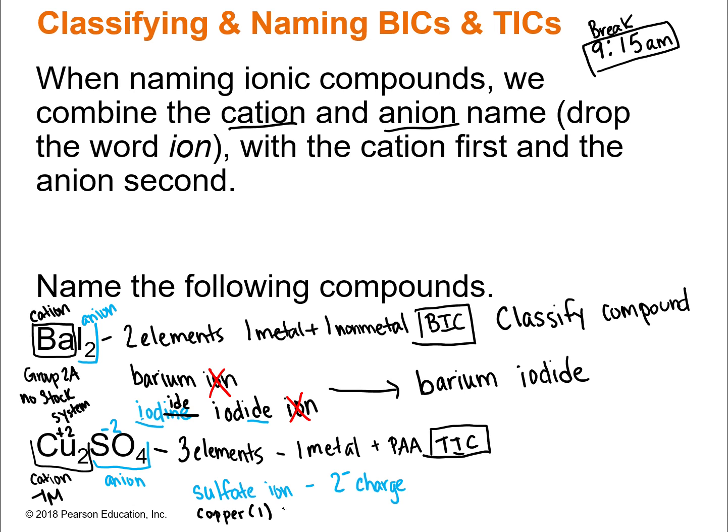So when we write that with the stock system, we write it copper 1 ion. Does everyone follow that? There are 2 copper ions, and the total positive charge is +2. So each one of those coppers must be +1.